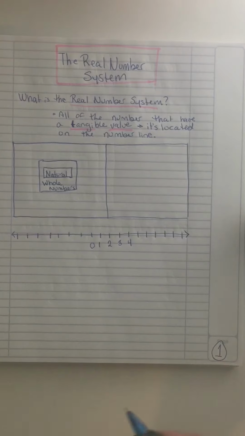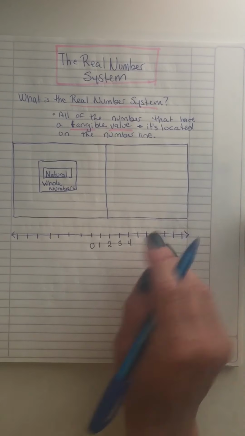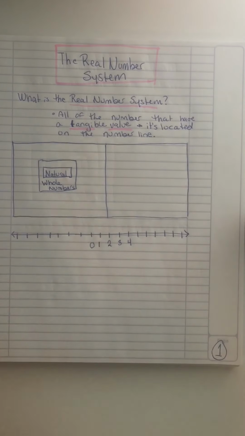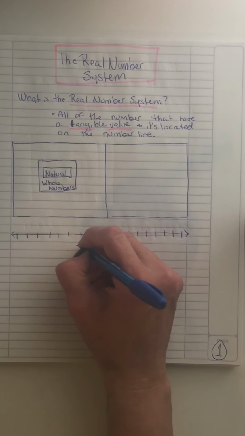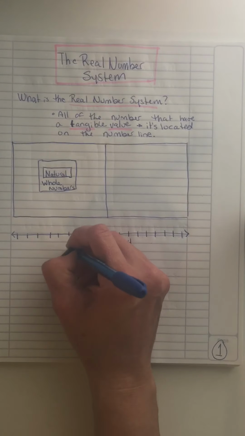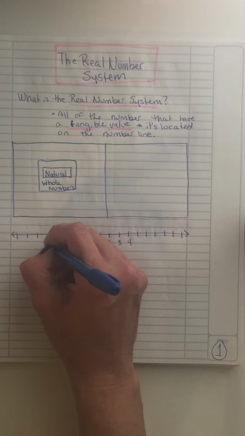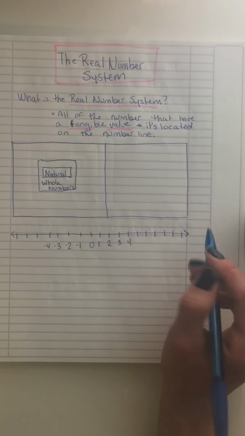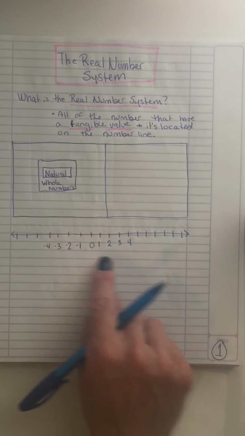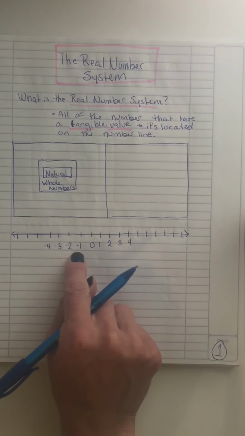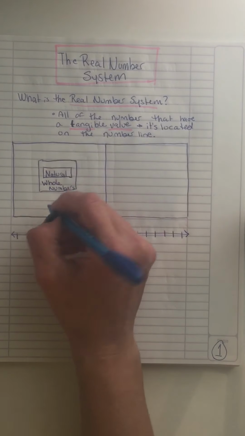Okay? And then in 6th grade, we started learning about how there's numbers on the other side of 0 too. Negative numbers. -1, -2, -3, -4, and so forth. And all of the whole numbers and their opposites are called integers.